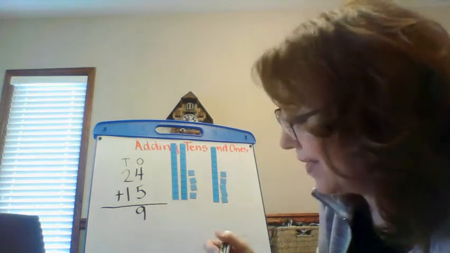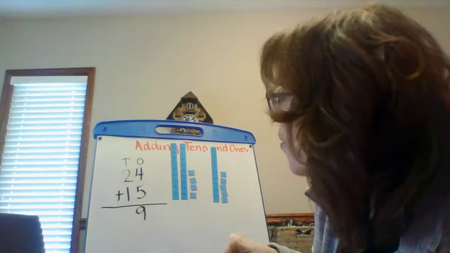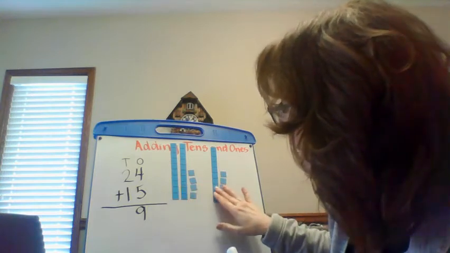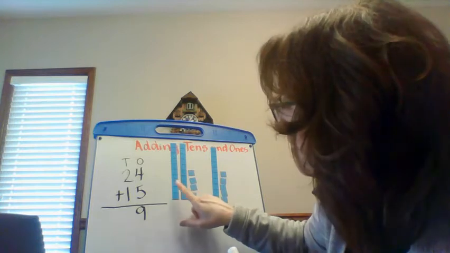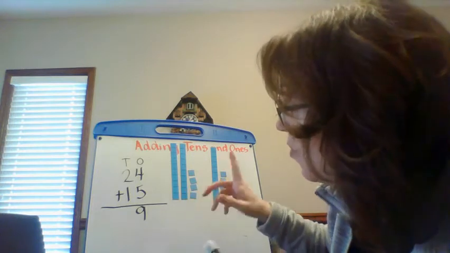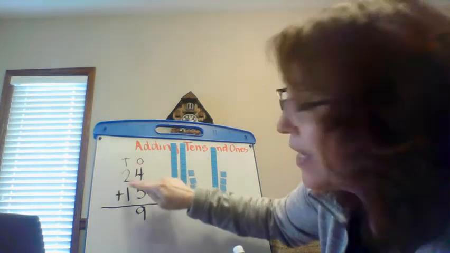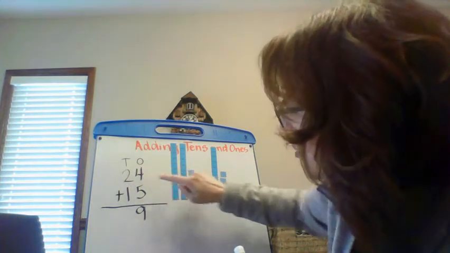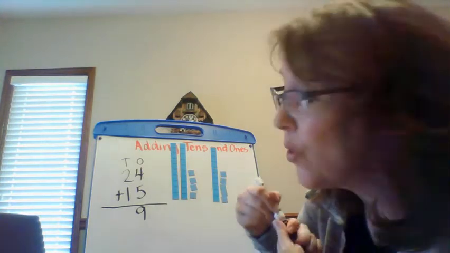9. Now I can go ahead and I can add my tens place. And so I have two tens plus one 10. And when I count my tens, I have 1, 2, 3 tens, or 10, 20, 30. When I look here in the tens column, two tens plus one 10 gives us three tens.